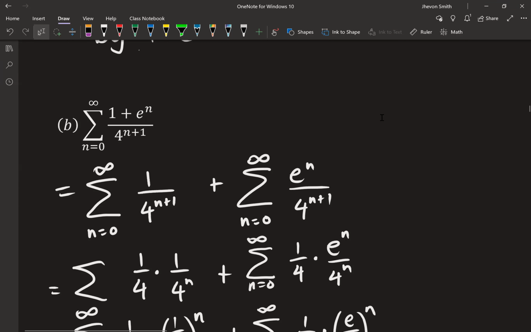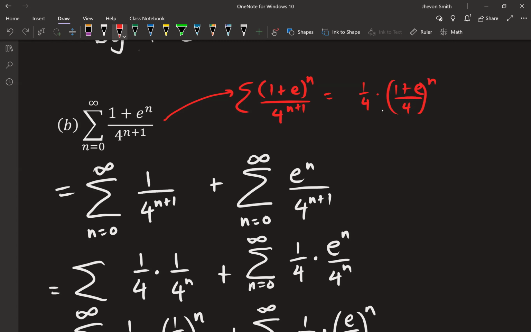I can tell you a common mistake that some students would make here though, especially if I'm writing a multiple choice test. A lot of students are going to think about this in their heads, if not, for sure, write it down. They're going to be like, oh, so this is like 1/4 times 1 plus E over 4 all to the N, and so that's my A and that's my R. But this is actually a distribute power across sums mistake.